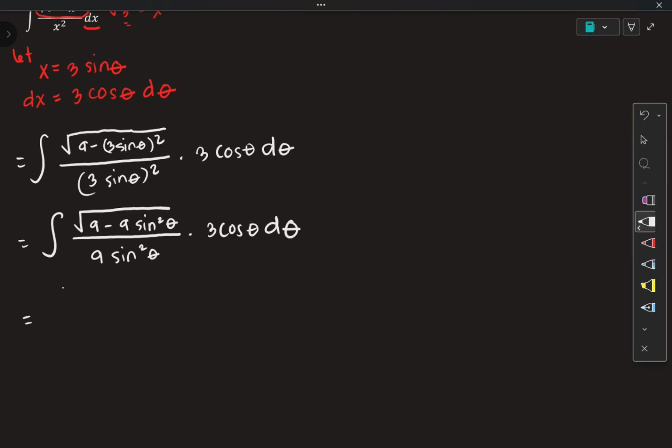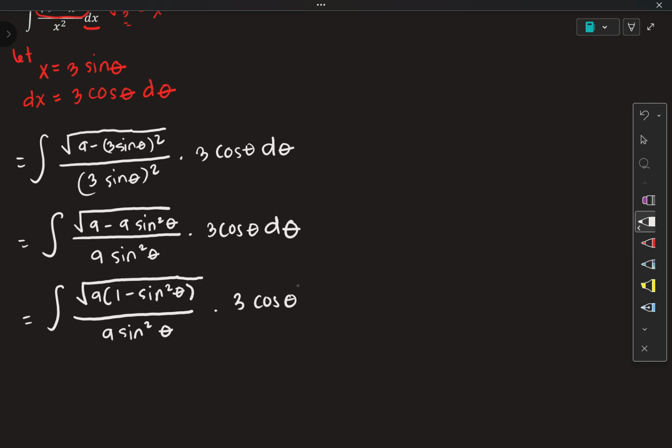We can rewrite the numerator as 9 multiplied by 1 minus sine squared theta, so we omit the constant 9, and the square root of 9 simplifies to 3.